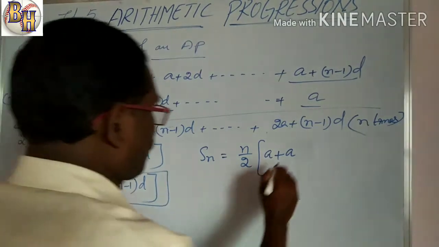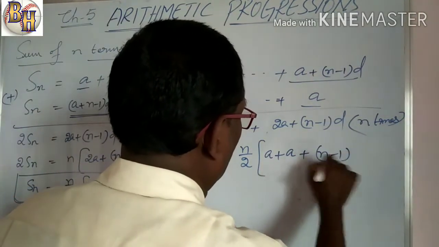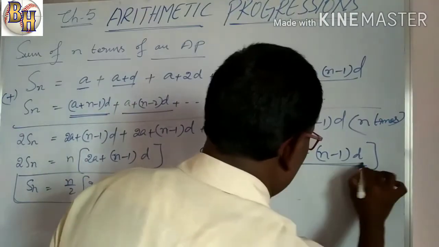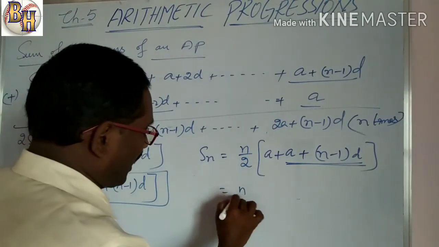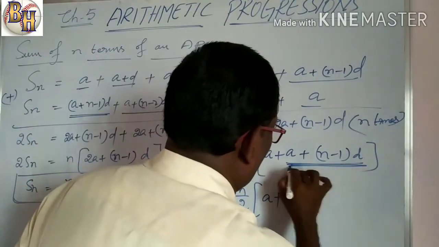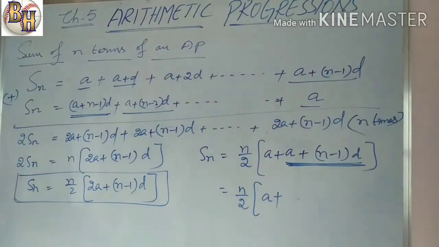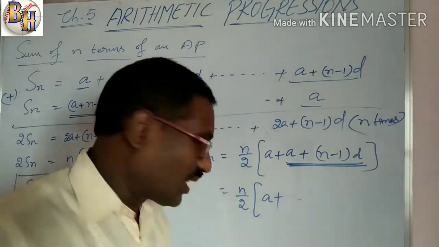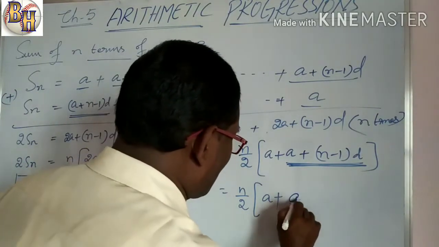Again this one, write plus n minus 1 into d. Observe this one. I think you will understand. N by 2 into a plus, this is the formula of each term, a plus n minus 1 into d, that is the nth term. So this is an.